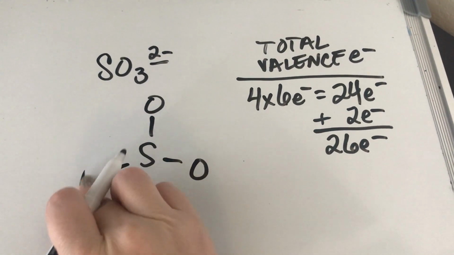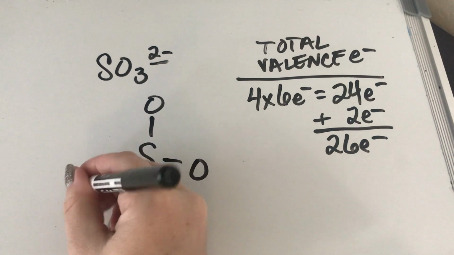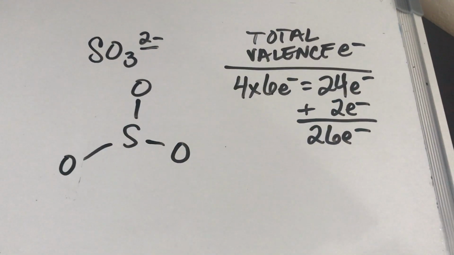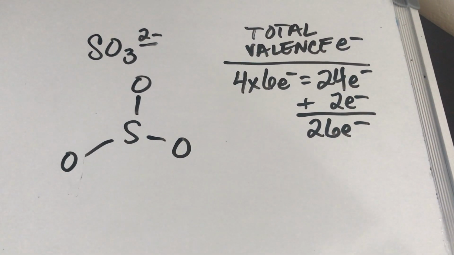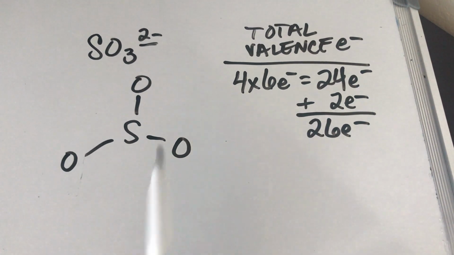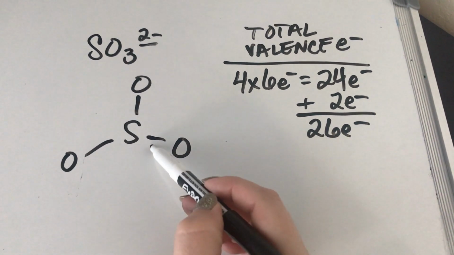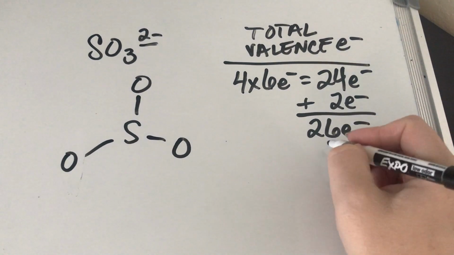Sorry, that's really ugly. Right, so we've got our 3 oxygens placed around the sulfur. 2, 4, 6 electrons used in bonding.